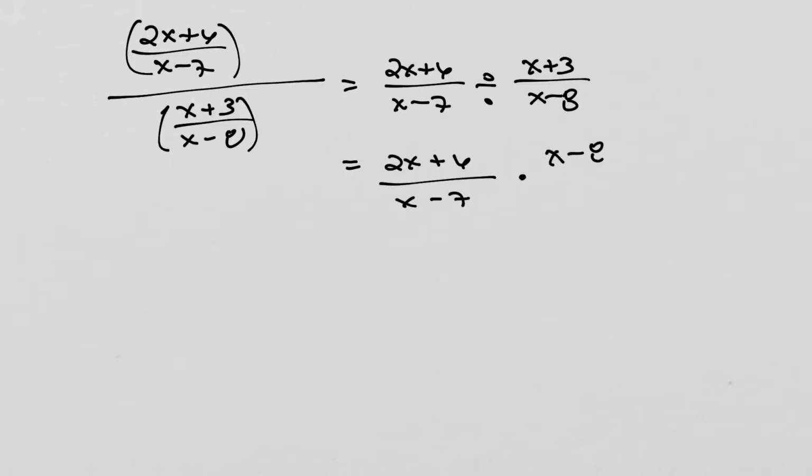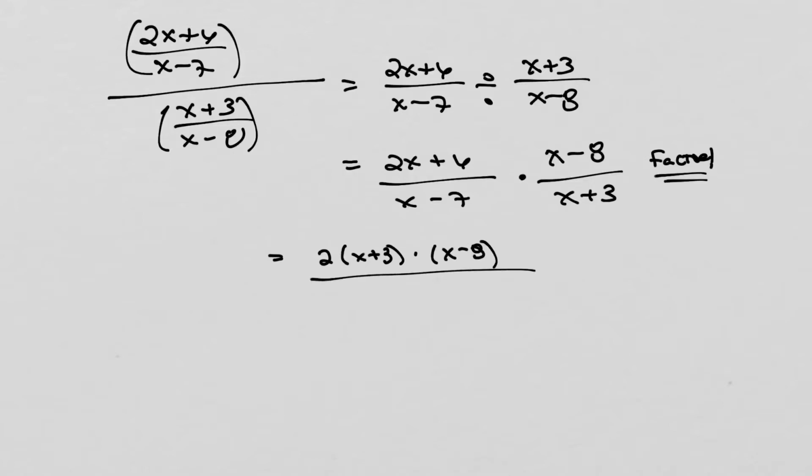So it's x minus 8 over x plus 3. And remember, if you can, factor. Right? So here, I'll have a 2 times an x plus 3 times an x minus 8 over an x minus 7 times an x plus 3. Right? So since we factored it and didn't multiply it out right away, we see that we can cancel off those common multiples, and then what I'm left with is just 2 times x minus 8 over x minus 7.